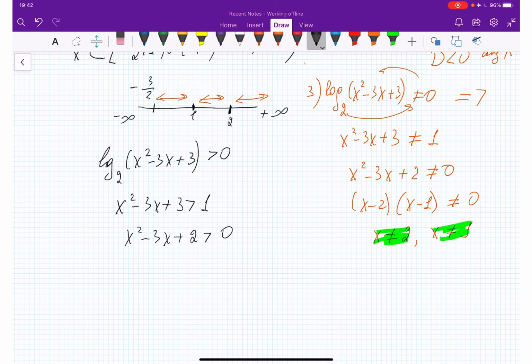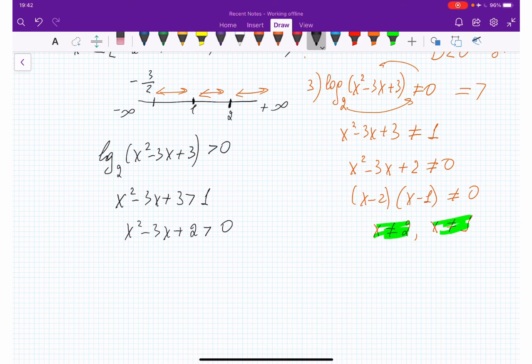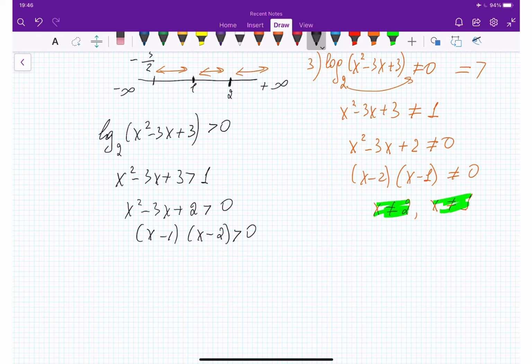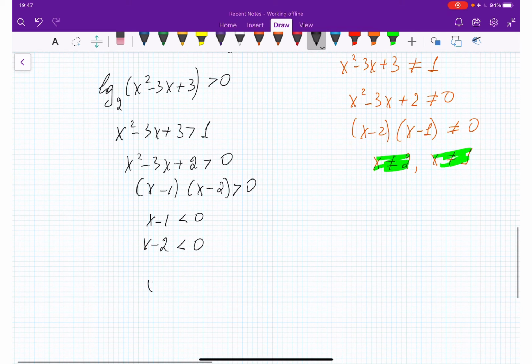Now I'm solving it as an inequality. And I will have x minus 1 times x minus 2 greater than 0. So the solution for this inequality: x minus 1 less than 0 and x minus 2 less than 0, or x minus 1 greater than 0 and x minus 2 greater than 0.